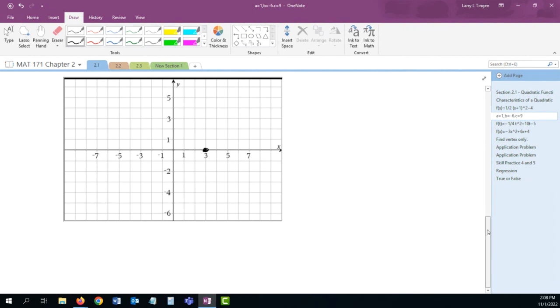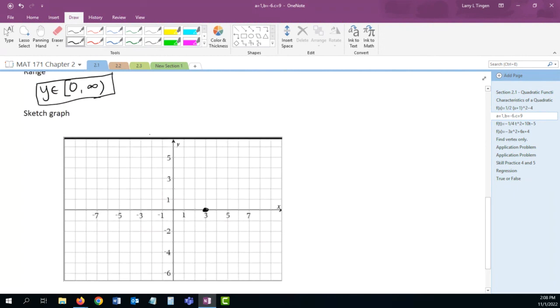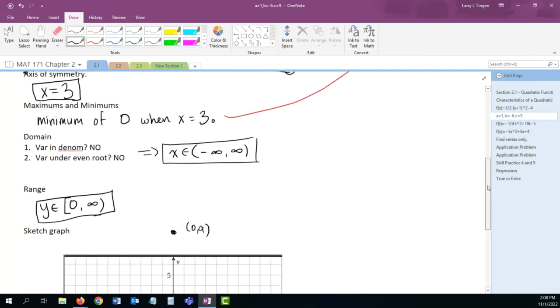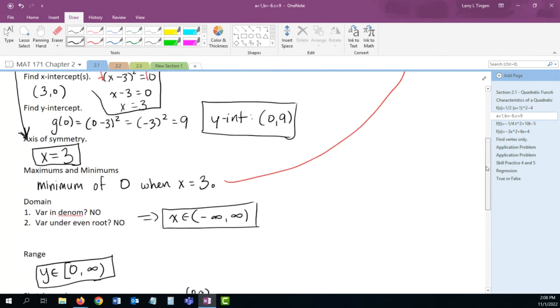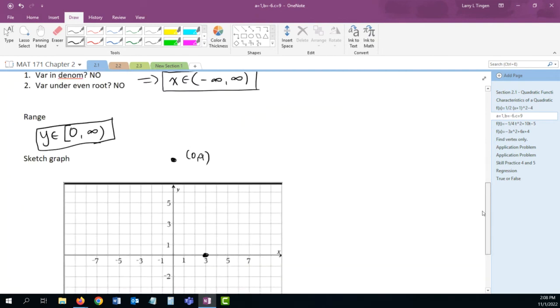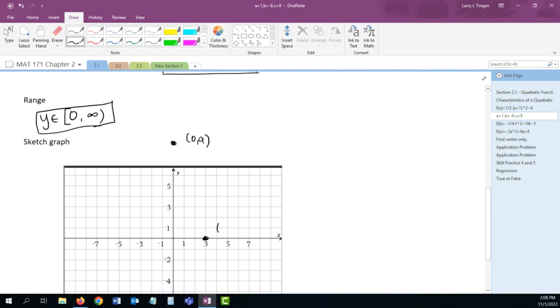So (0, 9). That's going to be 6, 7, 8. It's going to be up here, off my graph. And what else do I know? I don't really know anything else. All right, so this is (3, 0), and this is (0, 9).